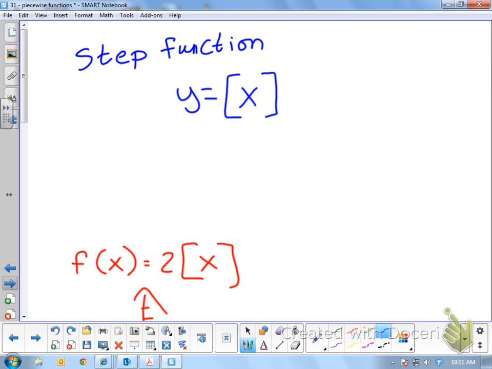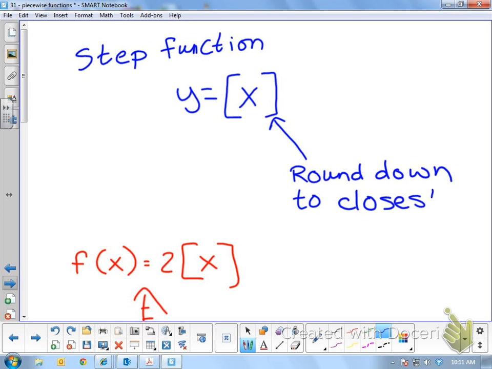What this means, so draw an arrow pointing to the y equals bracket x. What it really means is to round every number down to the closest integer. So round down to the closest integer. I would put that near the blue box. That's what our step function means. Or if it's already an integer, leave it. If it's an integer, we don't need to change it to get it to an integer.